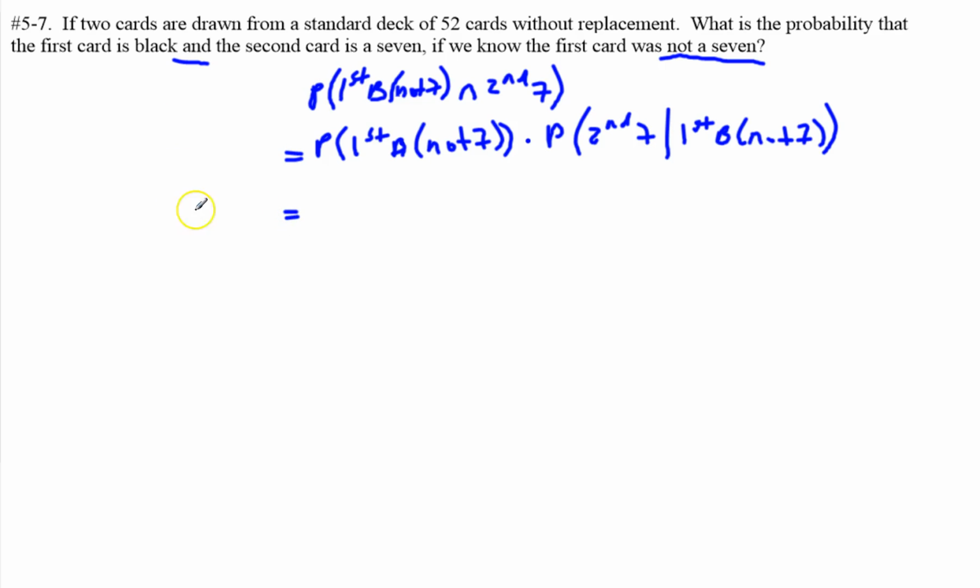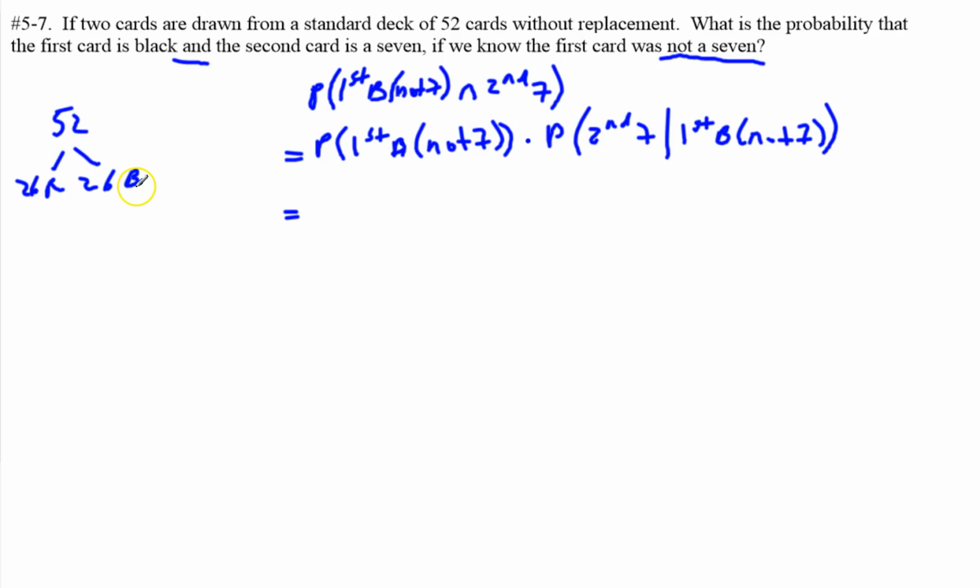In the first one, we have a deck of 52 cards. We're talking about the probability that the first card is black, but it's not a 7. If you look at a deck of cards, half of them are red, 26, and 26 of them are black. So at first glance, it seems like this would just be 26 out of 52 or half, except that we're told that this first card is not a 7.